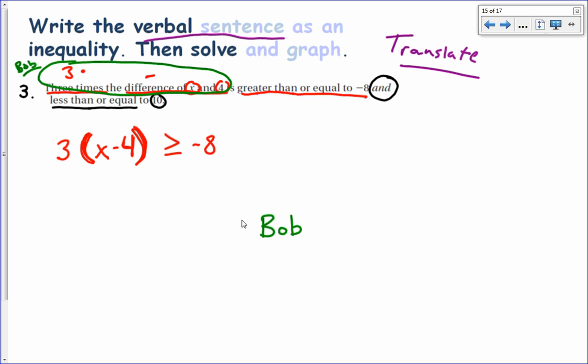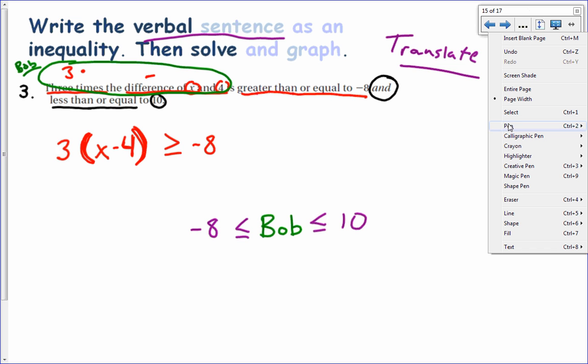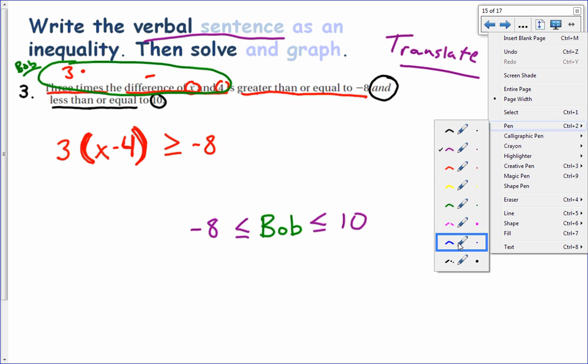So it's greater than, but I'm going to make it backwards. Greater than or equal to -8. So -8 is on the low end. And then Bob is also less than or equal to 10 on this end. So Bob is bigger than -8, but he's less than 10. I get it.